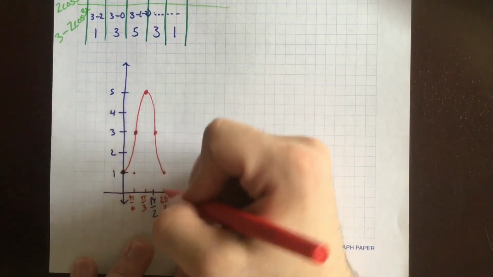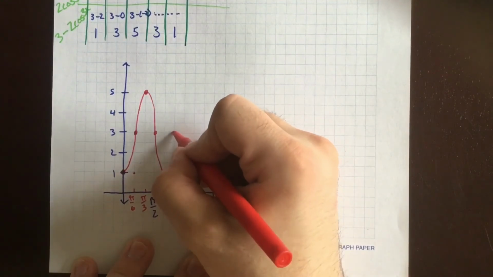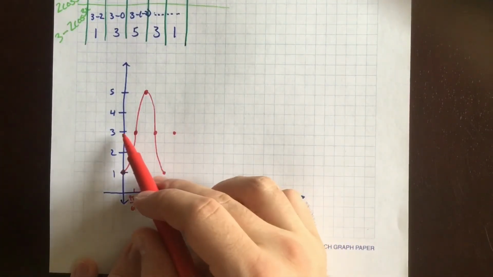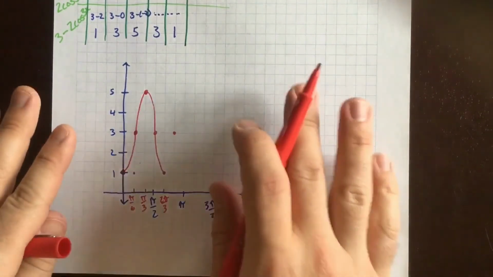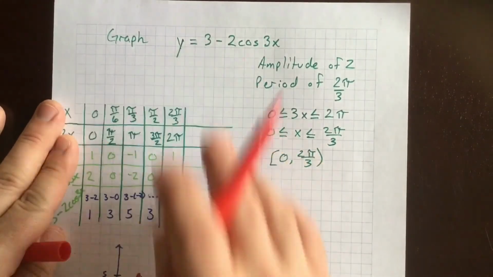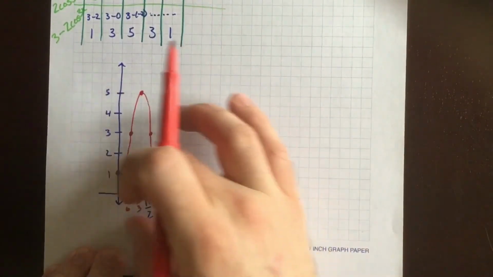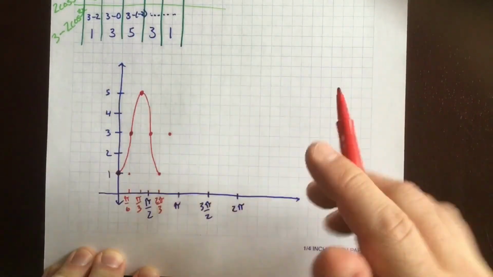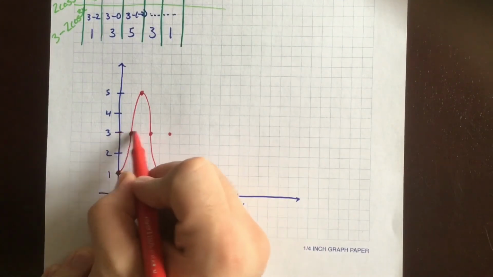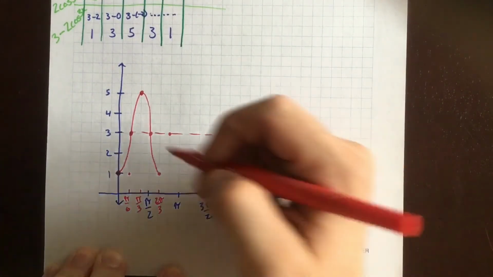So I can continue this. The next one appears to be right here, and how I know is by looking at the function. We have a vertical shift of 3. We took essentially the whole graph that's based around the x-axis and shifted that x-axis up to here. You could call it the baseline.